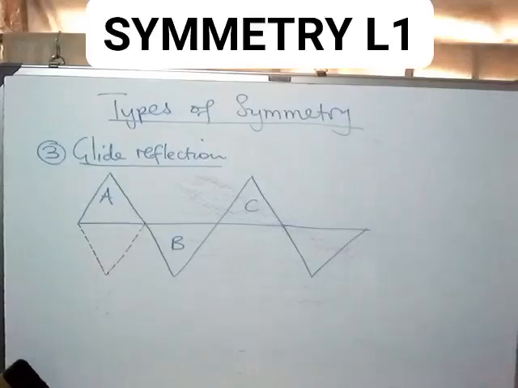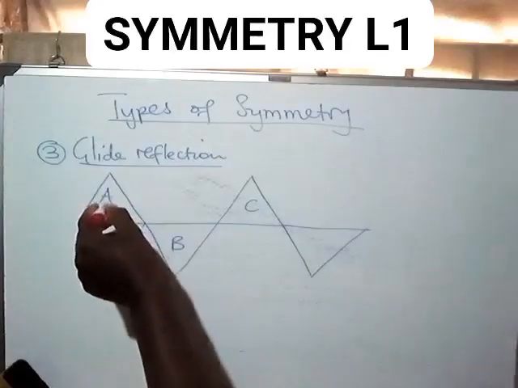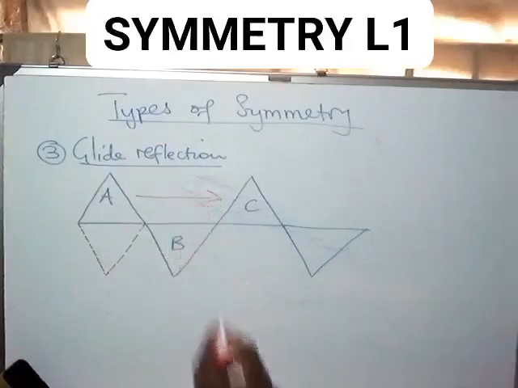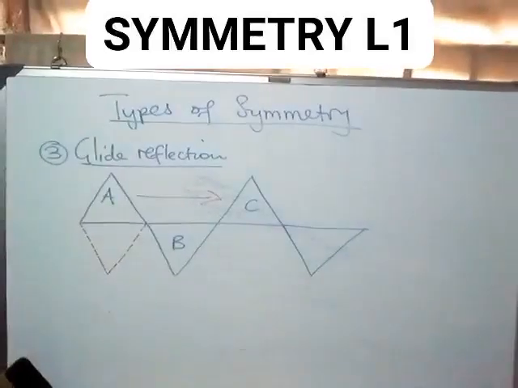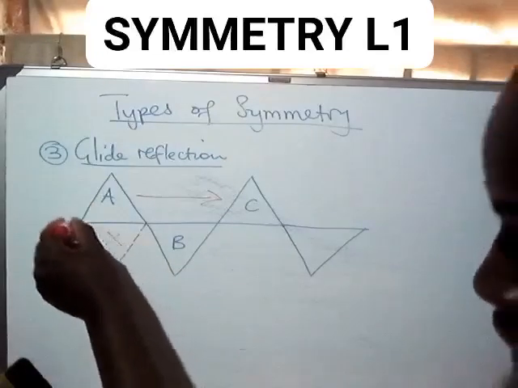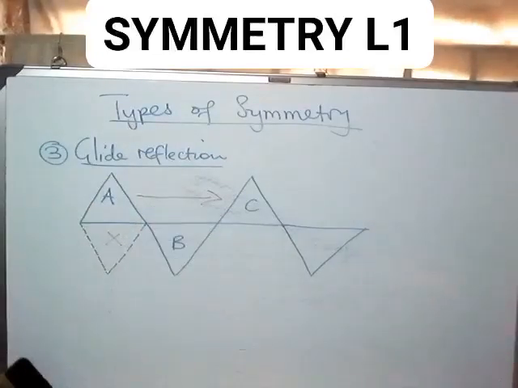When you look at this one, A and C, this is not a reflection but a translation of shape A. But this shape here is a reflection.